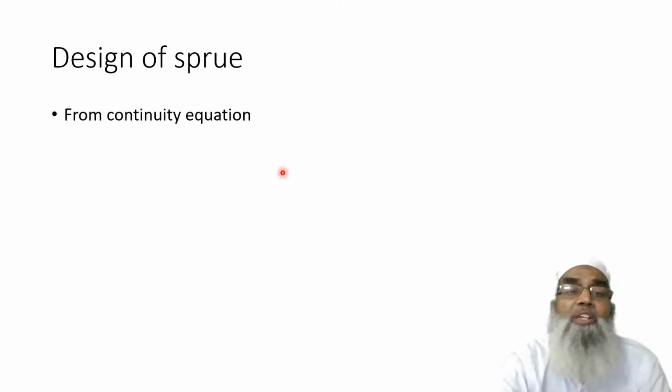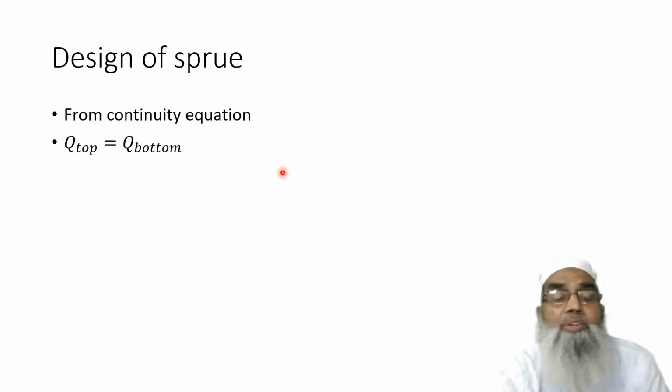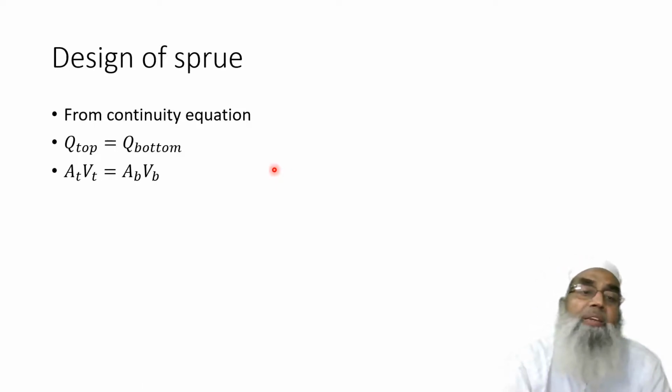Now from the continuity equation we know the flow at the top and the flow at the bottom should be constant, and that can be given by the area at the top and the velocity at the top. Similarly, the area at the bottom and the velocity at the bottom.